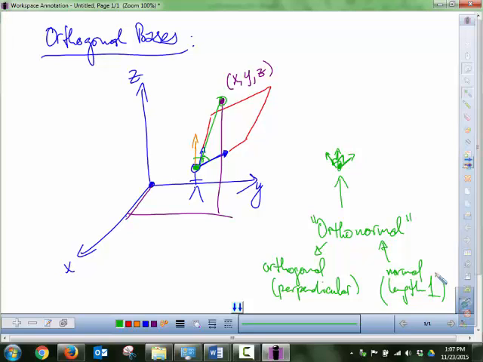And it turns out that perpendicular bases of length 1 are the easiest types of bases to deal with.